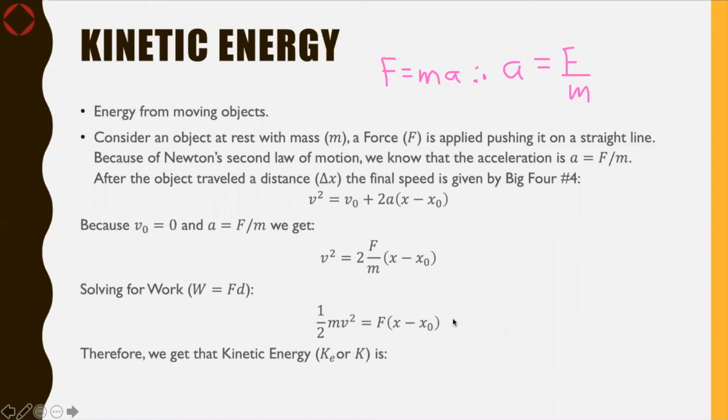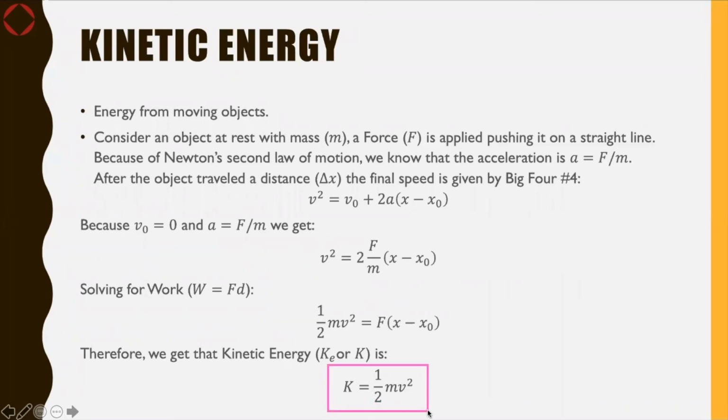So we can change it like this, and then we can solve for F times d, and we would have 1/2 mv squared. Long story short, kinetic energy equals 1/2 mv squared. This is the most important part of this slide. Kinetic energy equals 1/2 mv squared.